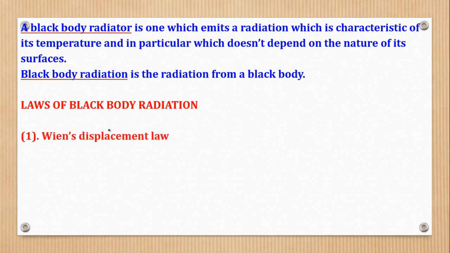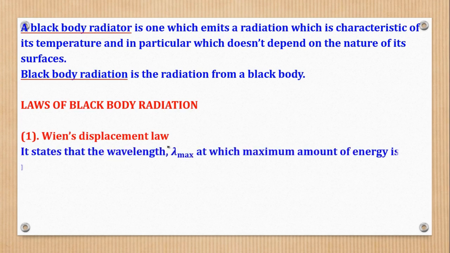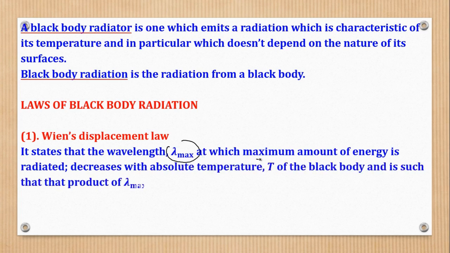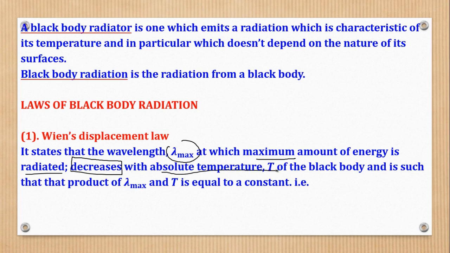There are two laws. The first one is Wien's law, or Wien's displacement law, and it states that the wavelength lambda max at which the maximum amount of energy is radiated decreases with the absolute temperature of the black body and is such that the product of the two is equal to a constant.